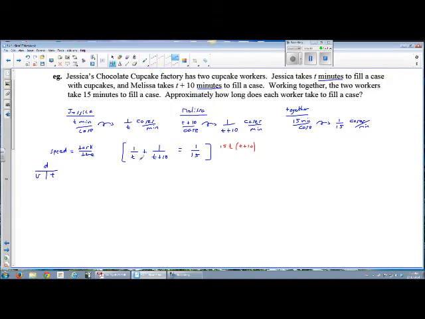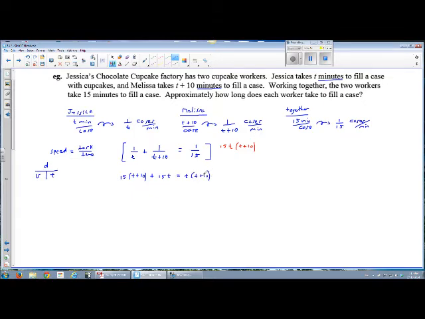If I multiply the first term by 15t times t plus 10, I'm going to end up getting 15 quantity t plus 10. Then I multiply the second term. The t plus 10s cancel, so I'm just left with 15t. And here, the 15s cancel, so I'm left with t quantity t plus 10.